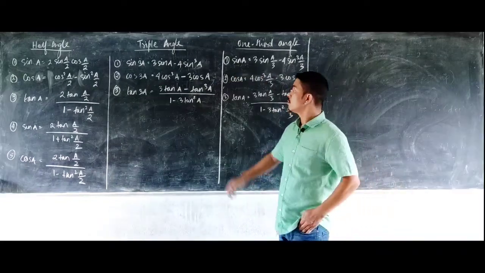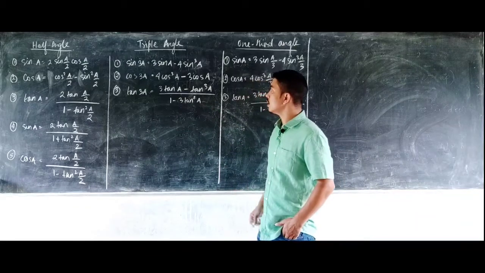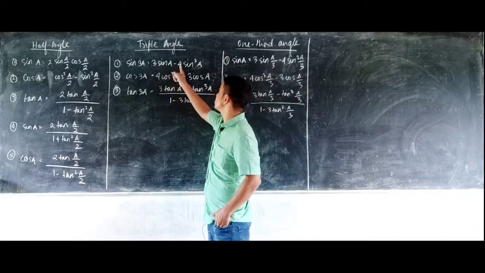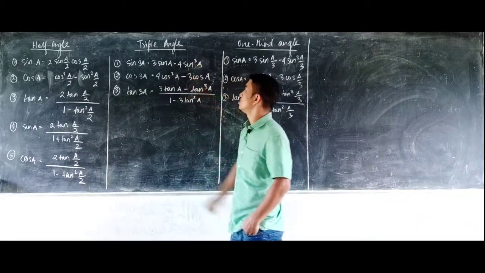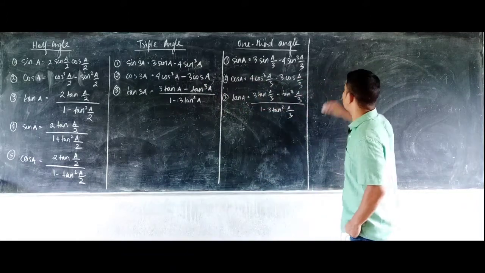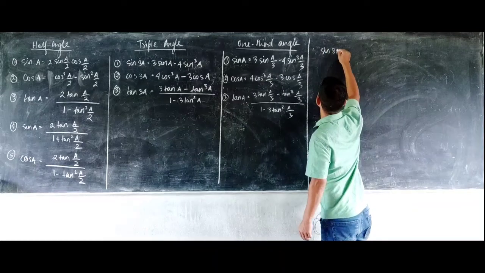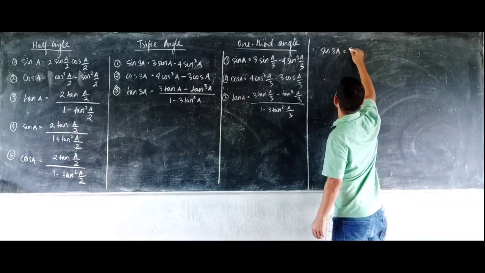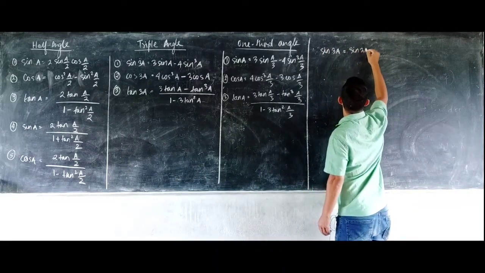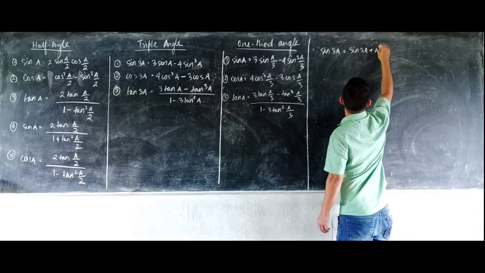Now coming to the triple angle formula, sin 3a equals 3 sin a minus 4 sin cube a. To get this formula, we start with sine of 3a, which can be written as sine of 2a plus a.